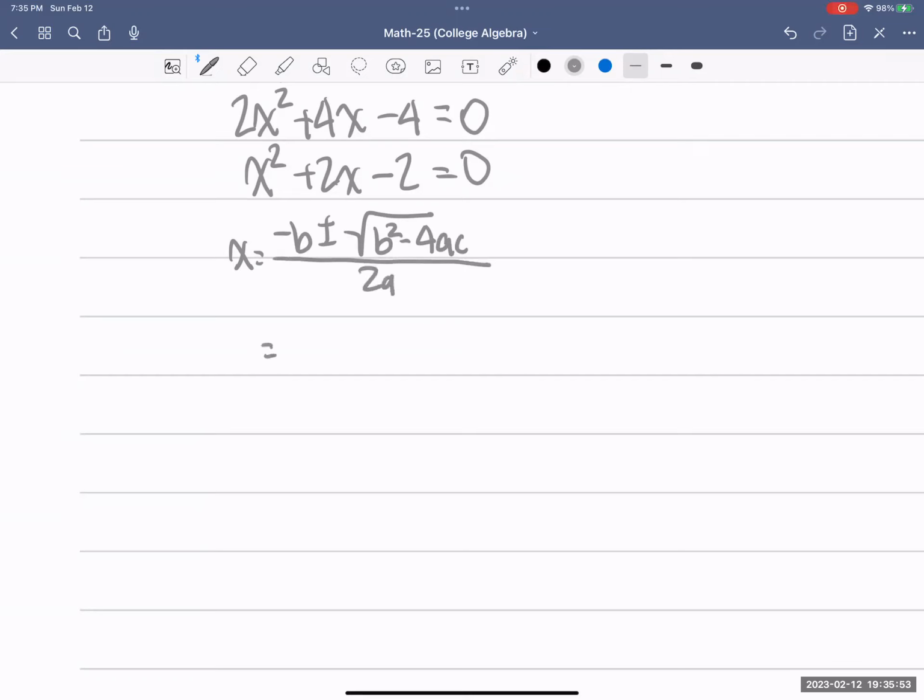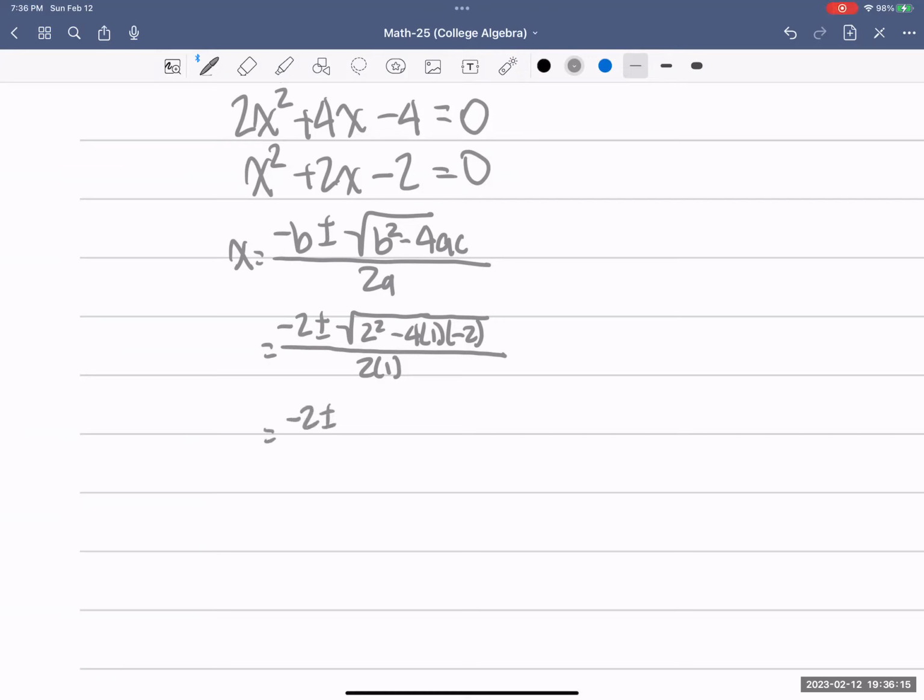So -b is going to be -2, plus or minus the square root of 2 squared minus 4 times 1 times -2, and we're dividing all of that by 2 times 1.